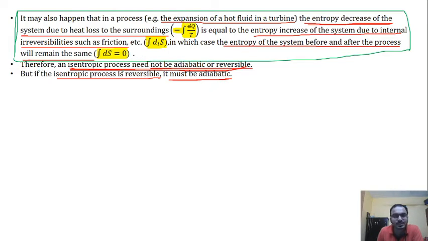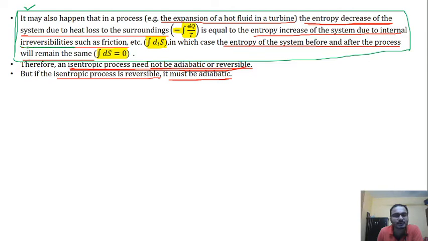So it is an isentropic process, and as there is heat transfer, it need not be adiabatic or reversible. However, if you see this example, the reverse of this is not possible because of irreversibilities.